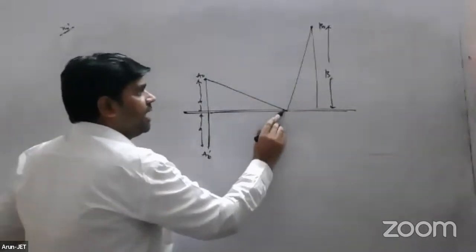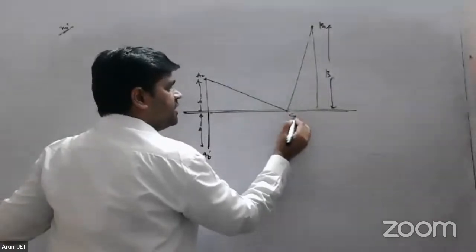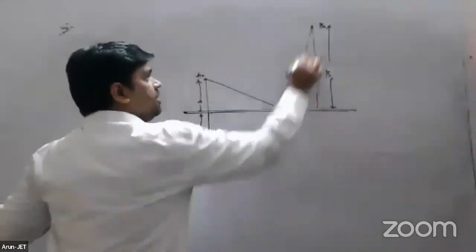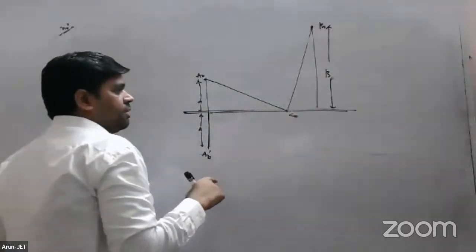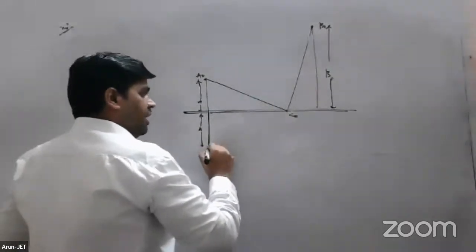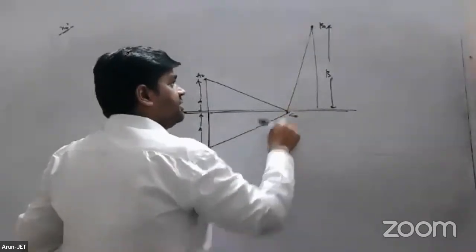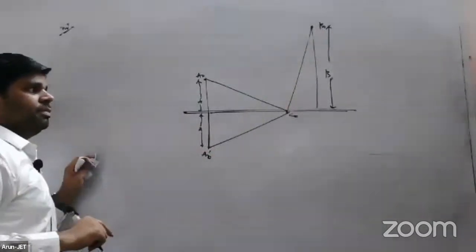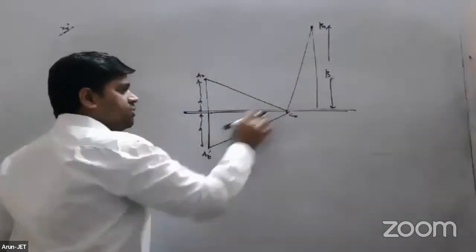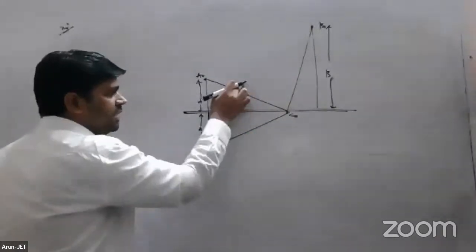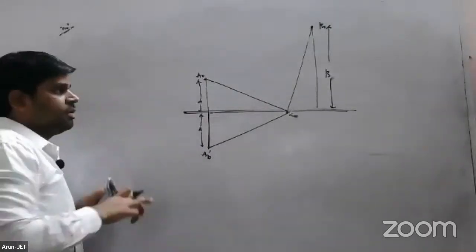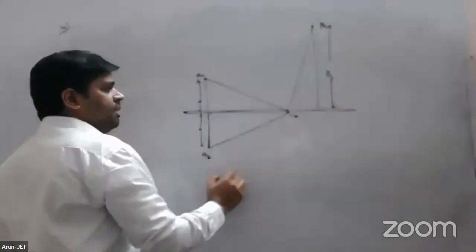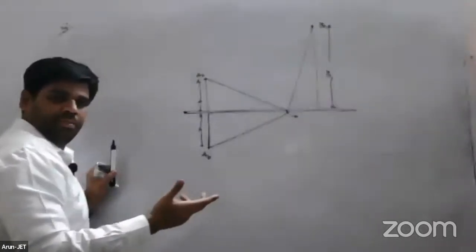A naught C naught plus C naught B naught should be minimum. That means A naught prime C naught and C naught B naught should also be minimum. If this is to be minimum, this also is to be minimum because it's just the same length. This is a reflection of this one. If this plus this is minimum, then this plus this is also minimum.